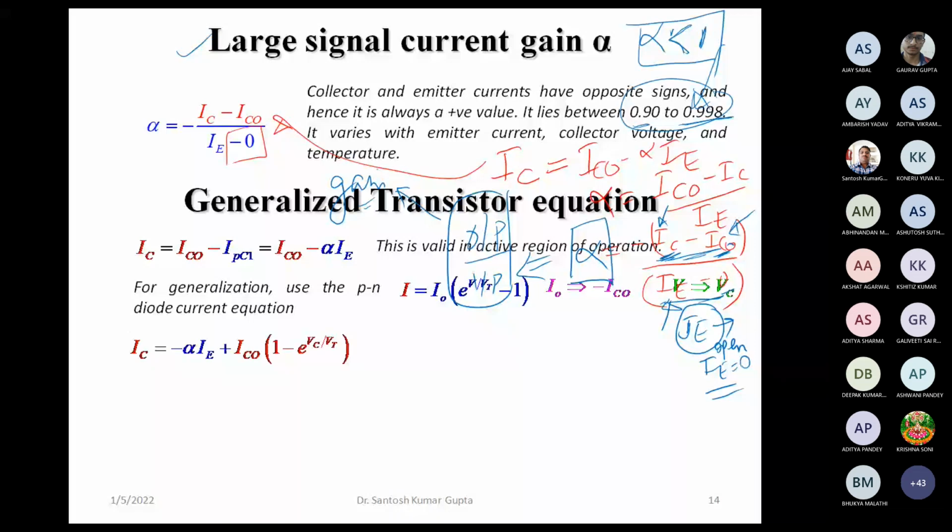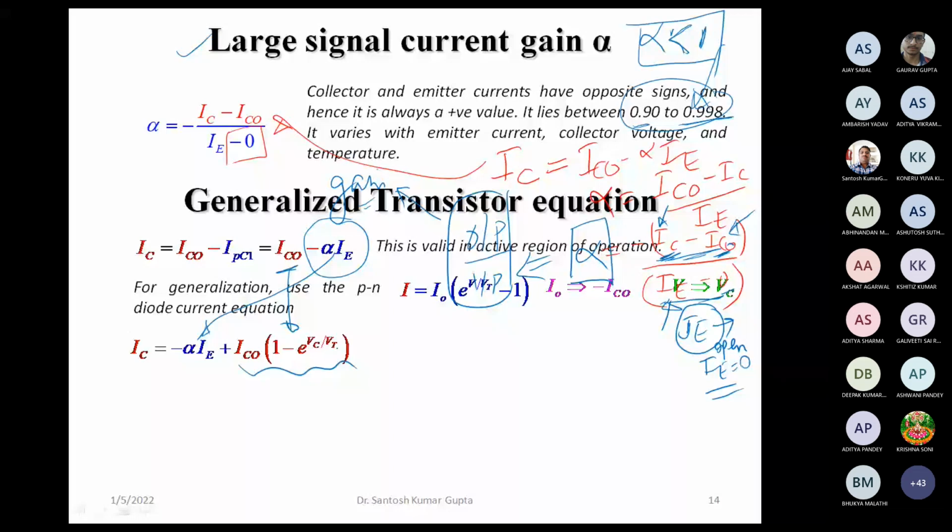Then the current IC can be written as minus alpha IE plus ICO. ICO actually is a current which is dependent on the reverse biasing voltage also.